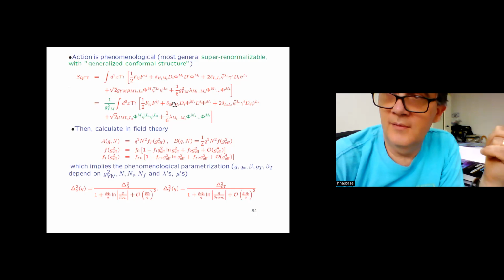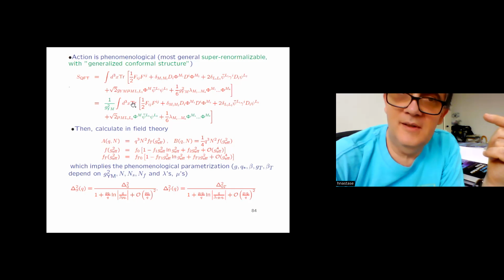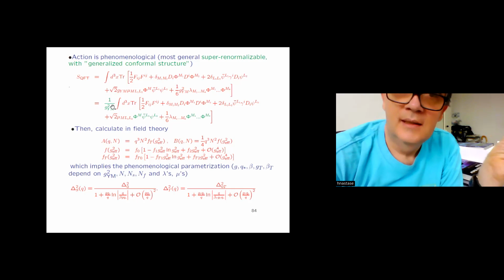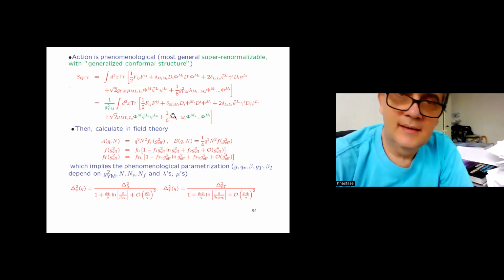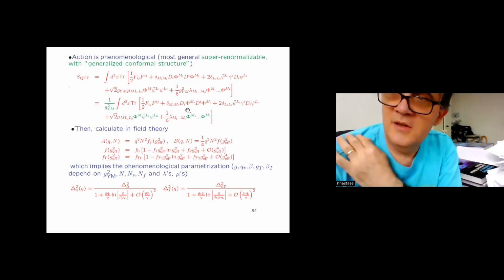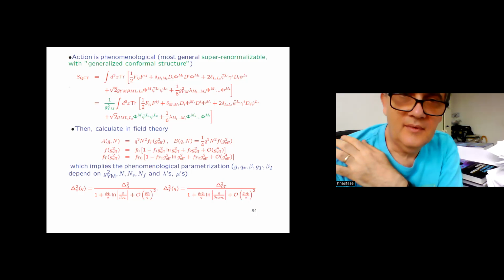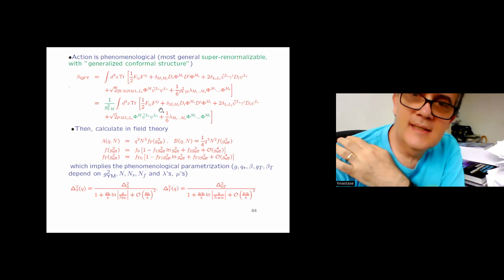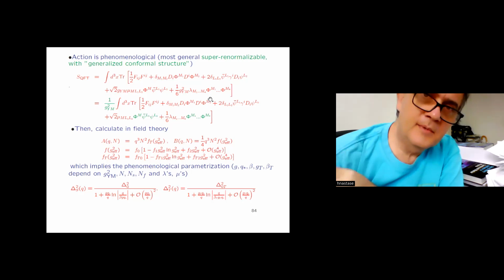Because if I have a 4-dimensional conformal action, the only thing that happens when I dimensionally reduce, I multiply the coupling 1 over G squared Yang-Mills with an integral over the circle, so with a 2 pi r. And in here things would be 4-dimensional conformal. All right, so this is the field theory that I'm considering.